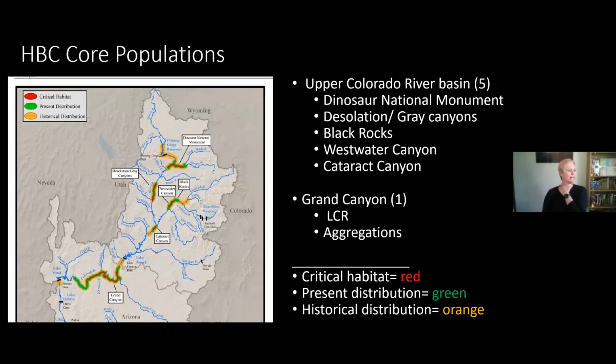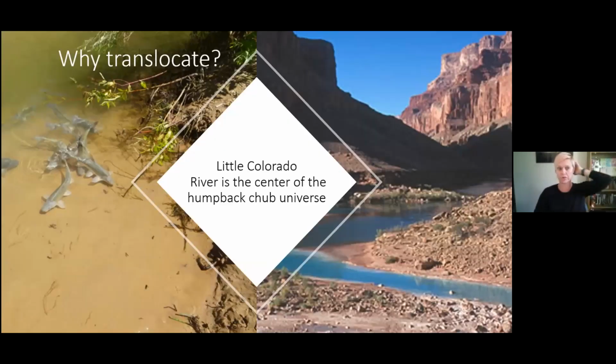One more thing on that. The Grand Canyon, like I said, is the biggest and most stable and most geographically spread out population of humpback chub that's left. So all of the others in the upper basin are generally in decline. Some of them have gone to salvage. So this Grand Canyon population is really a stronghold here. And that is part of why we started with this translocation process, because Little Colorado River is basically the center of the humpback chub universe.